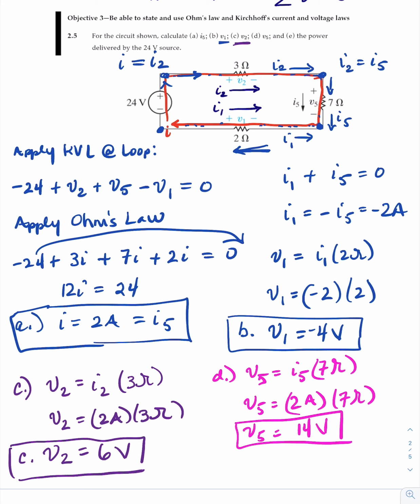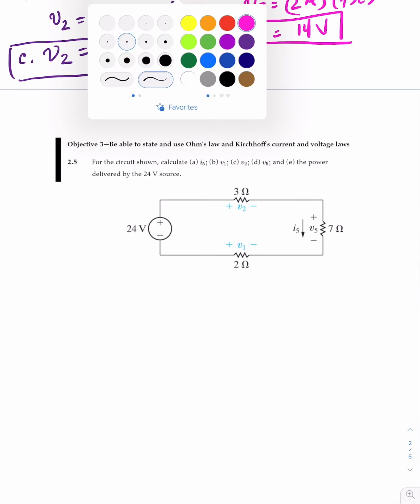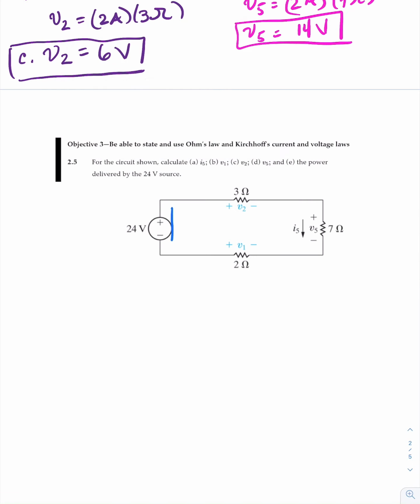Now we'll find the power delivered by the 24 volt source. All right. We know the current here is equal to 2 amps. So power delivered is minus V times I. It's entering the minus terminal, which is minus, voltage is 24 volts and current is 2 amps.